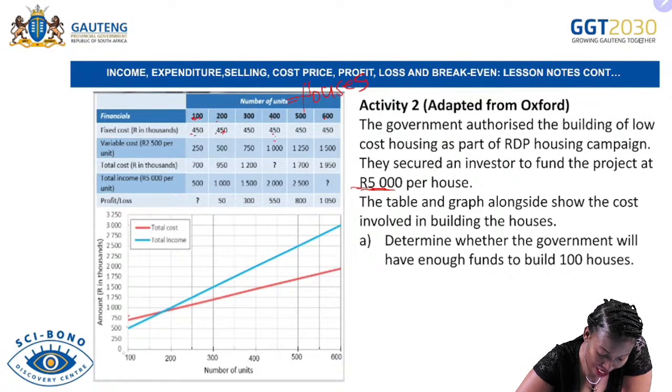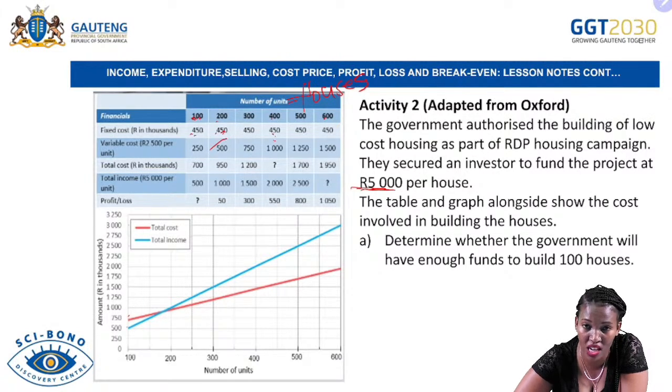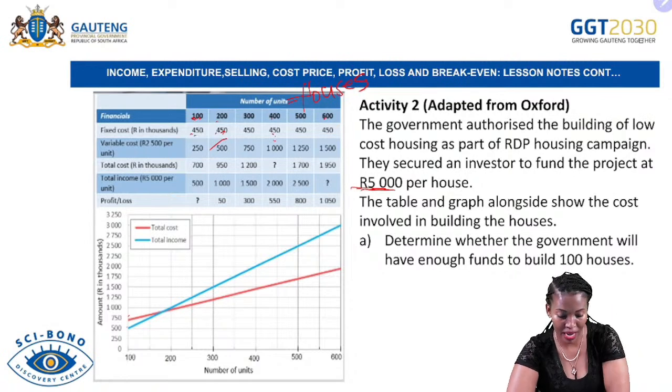There where the graph is not starting at 0, because here the minimum number of units that are built is 100. We don't have 0 units that were built. But now the total cost is not starting at 450 as expected. Let us go and analyze the entire information on the table so we can get a clear explanation.